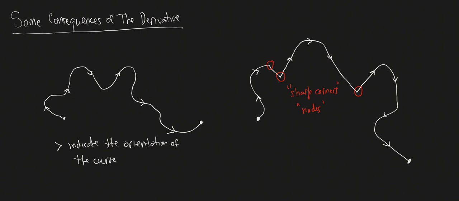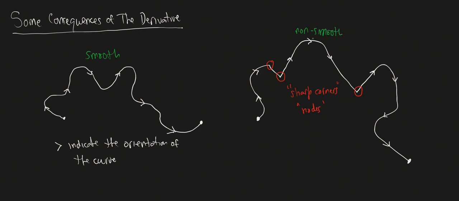We have a word to distinguish between this type of curve and this type of curve. This type of curve is described as being smooth, for obvious reasons, and this type of curve is non-smooth, again for obvious reasons.